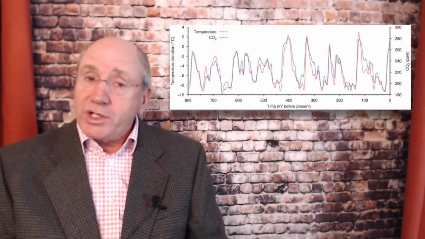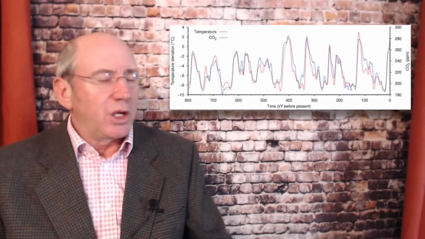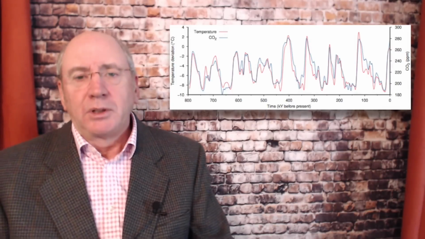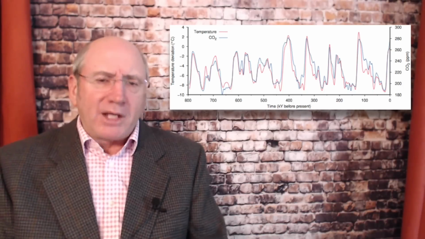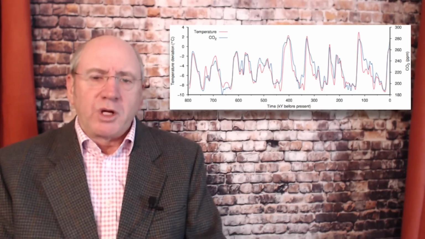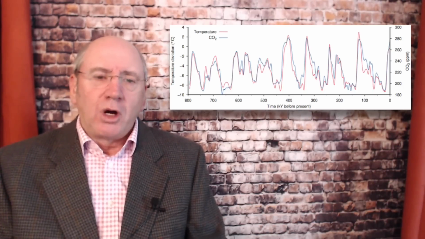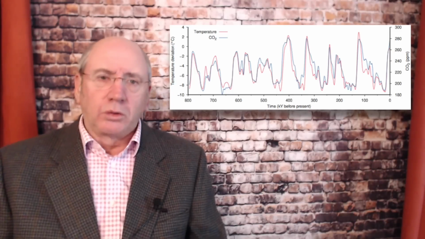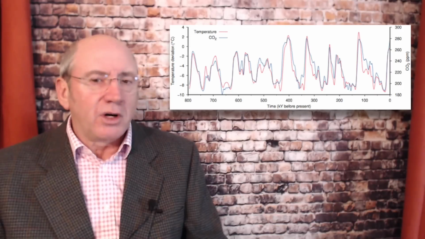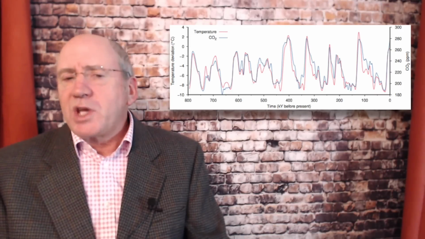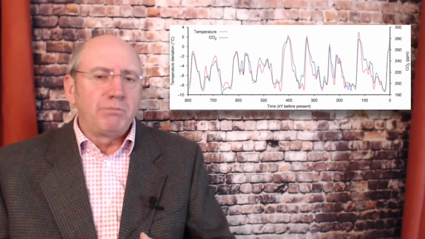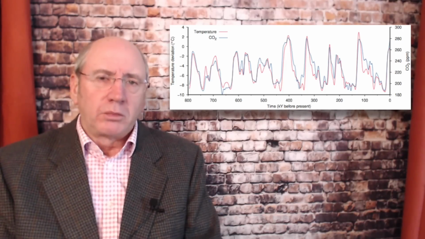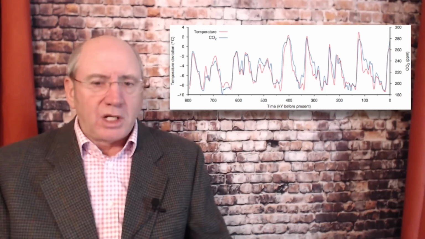So here's that graph, and if you look at it critically, you will see that when CO2 reaches a maximum, temperatures fall. So when we get to the maximum feedback of CO2, the maximum warming potential of CO2, the world cools. And you can see that here on this graph. And when CO2 reaches an absolute minimum, when there is minimum feedback and minimum warming from CO2, the world suddenly warms.